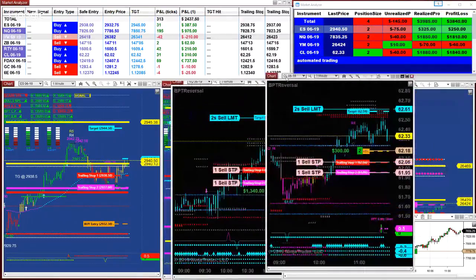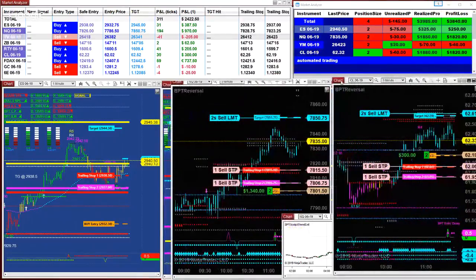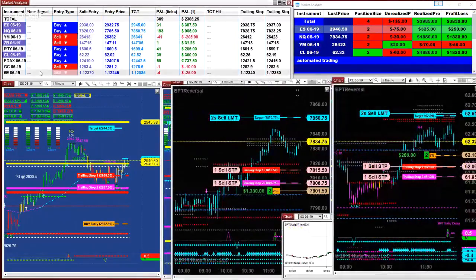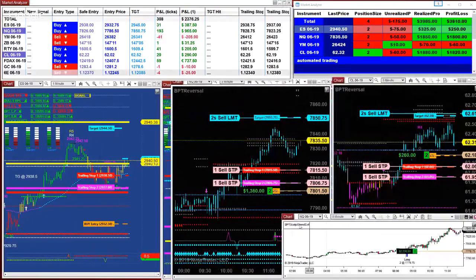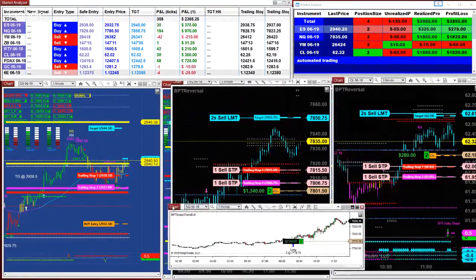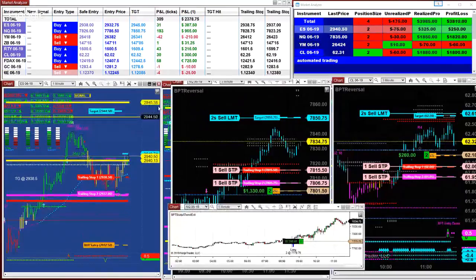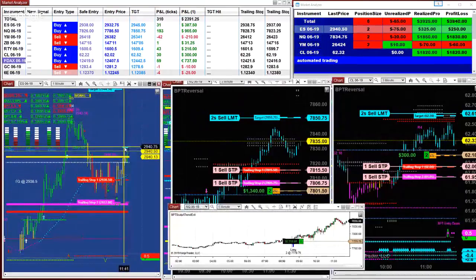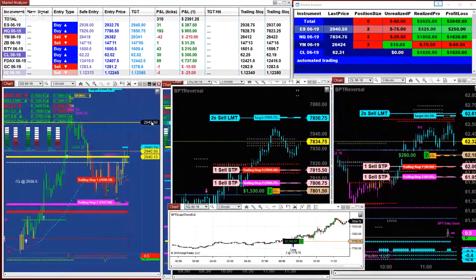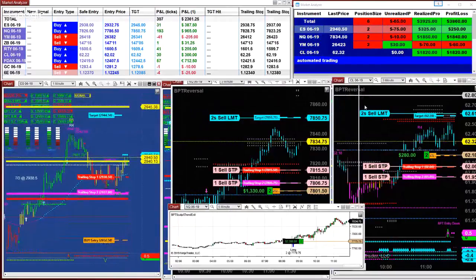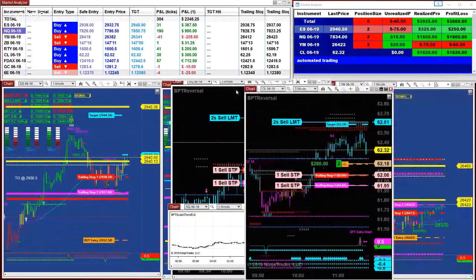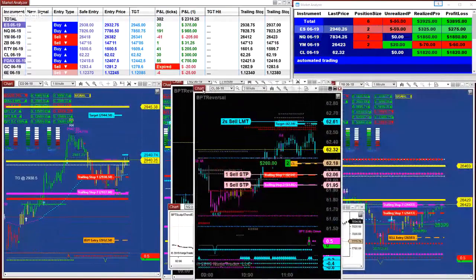We're about to have a new signal on the YM. We got caught by a projection at 40.75, so hopefully we'll break that. And we should have a new signal very soon on the YM, buy signal.